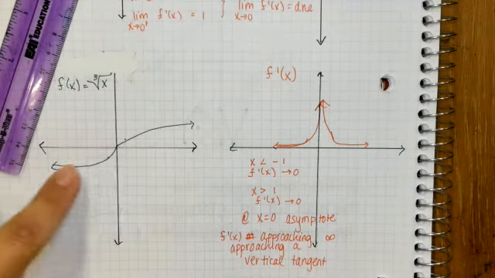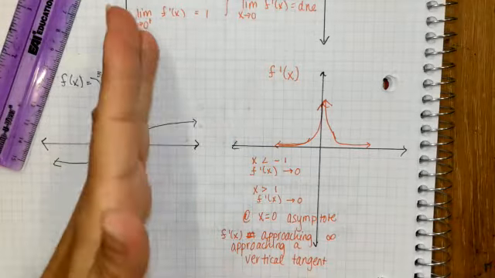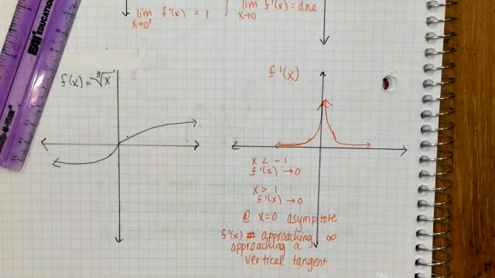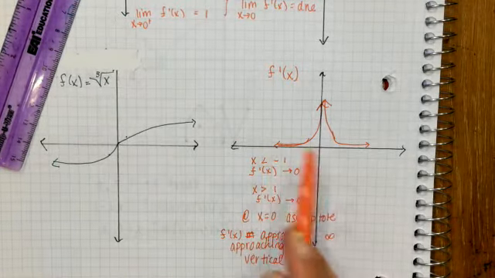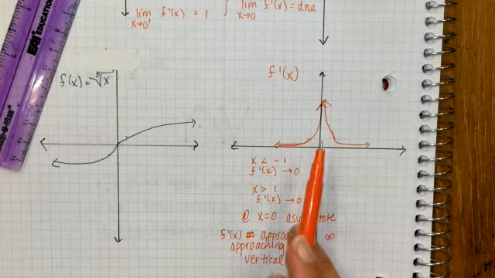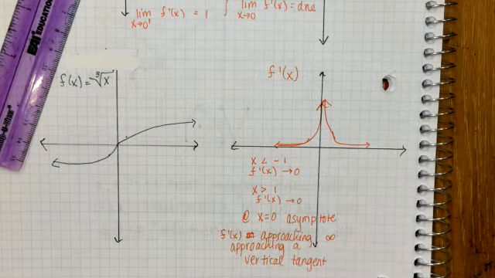So if you look, the tangent is going to be vertical. That's called infinite slope, but clearly the derivative is discontinuous at the origin.